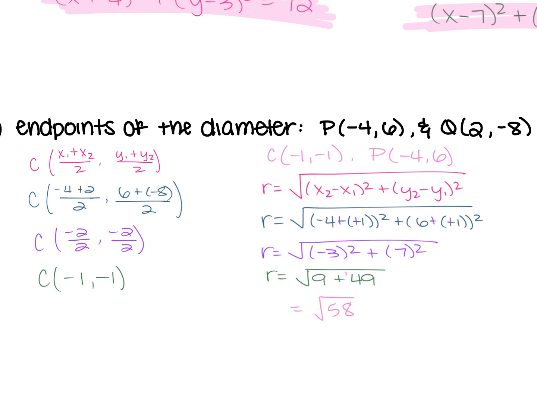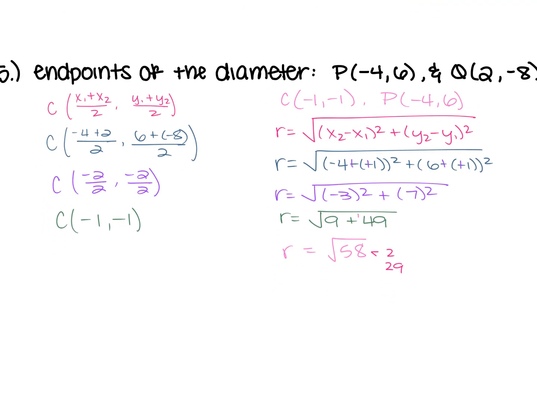So your radius is the square root of 58. 58 is an even number. That would give you 2 and 29. 29 is a prime number, so it's not going to simplify any further. So if it did ask you for your radius, you would give the square root of 58.